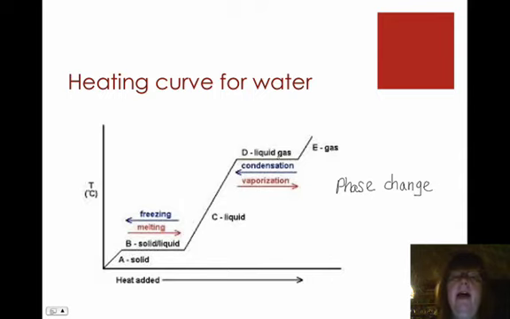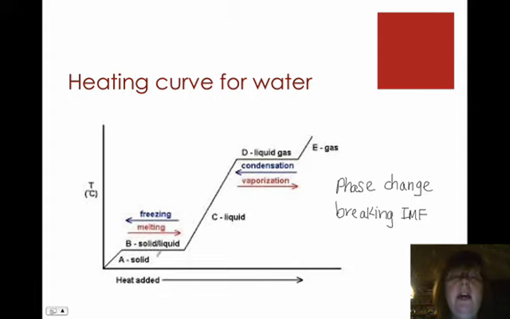And during those phase changes, you are breaking intermolecular forces. So you're breaking those hydrogen bonds in water, and you're breaking those dispersion forces and those dipole-dipole forces. So you are breaking the IMFs. And so then it's going from our solid to a liquid, and then from a liquid to a gas.